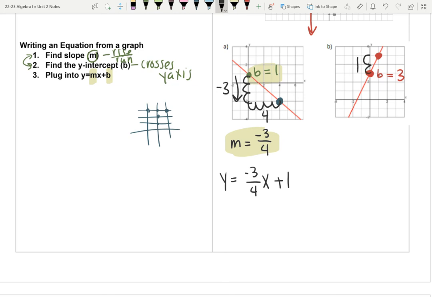I'm going to go up 2, because I went up, that's a +2, and then to the right 1. So my m would be 2 over 1. Now again, just plug those into the equation. So y would equal, and 2 divided by 1 is just 2, so I'm going to have 2x plus 3, because I can simplify that fraction.